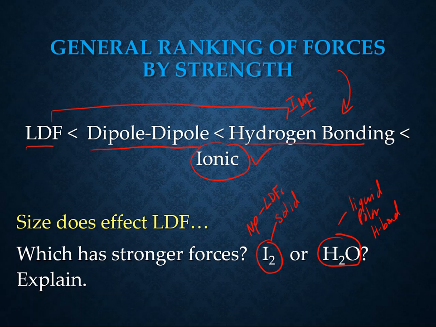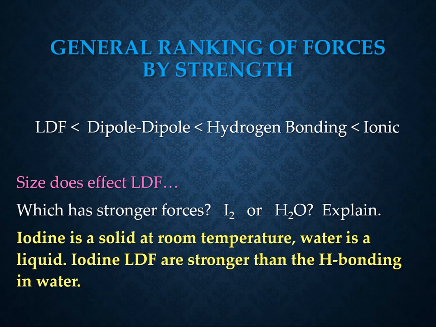We have to know the properties and use the data in order to explain which one has stronger forces. So in this particular case, we would say iodine has the stronger forces because it's a solid at room temperature. That means the forces have to hold the particles in fixed position, whereas the liquid particles can flip and turn and rotate and have more kinetic energy.